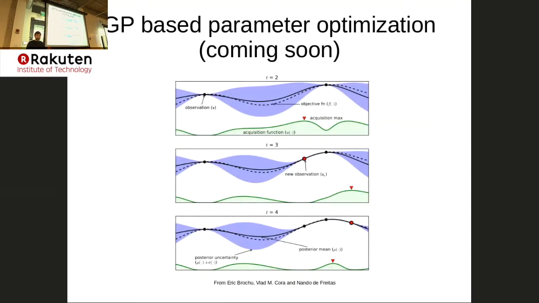One is expected improvement, which trades off how high you think the function is and how much uncertainty you have. So here, for example, your upper confidence bound is pretty high, so you can say maybe it's pretty good here or here. You know that here it's not very likely to be good according to your model.